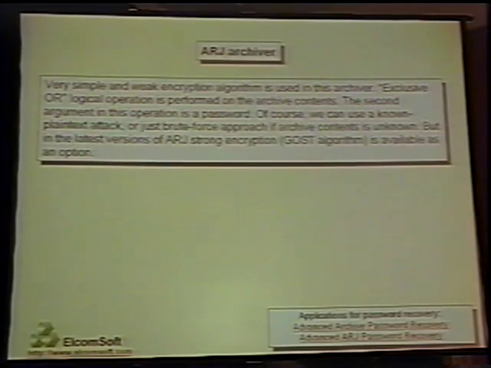Of course, we can use a known plain text attack or just a brute force approach if the archive contents are unknown. But in the latest version of ARJ, the strong encryption GOST algorithm is available as an option. Okay, we also have password recovery software for ARJ.